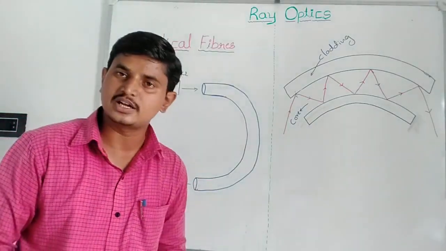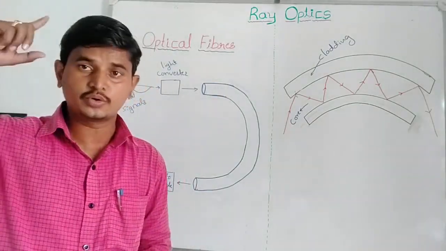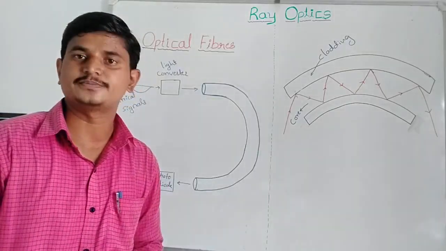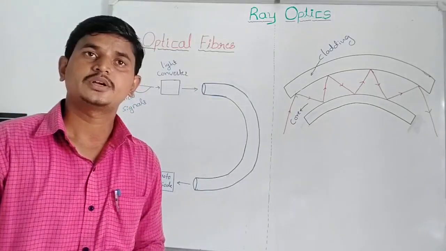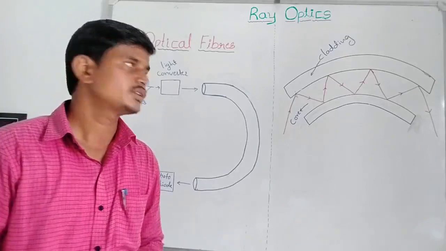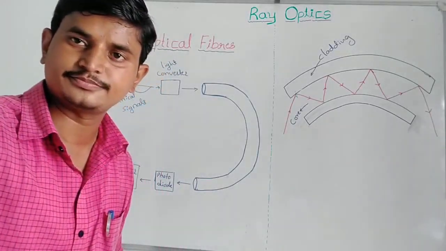In high-tech buildings, optical fibers are used from the roof to other parts of the building to transmit sunlight. Optical fibers are also used to transmit images, 3D images. These are some uses of optical fibers.